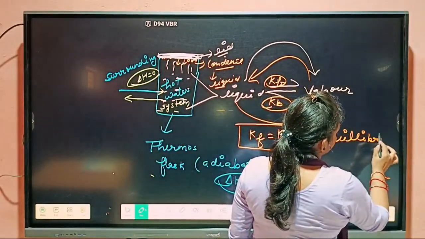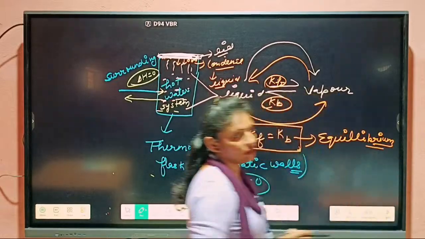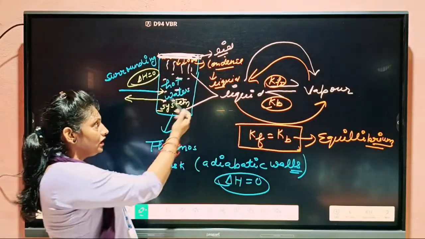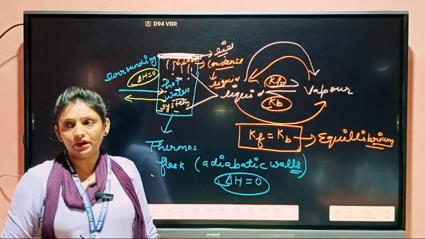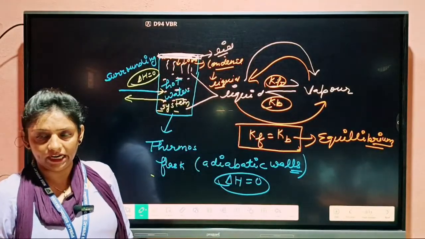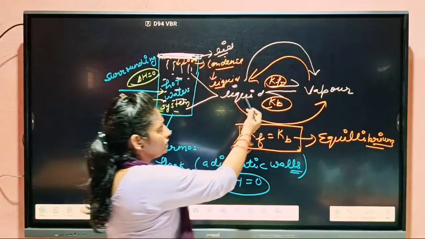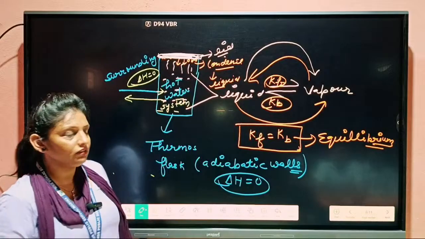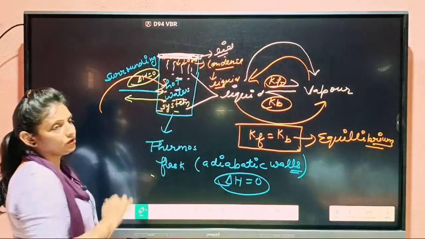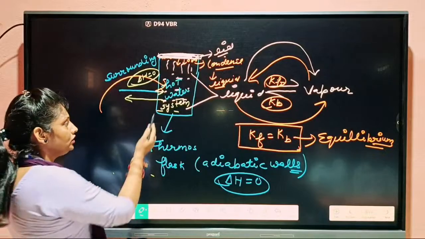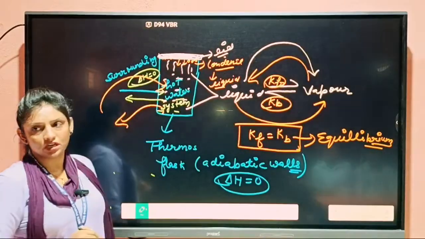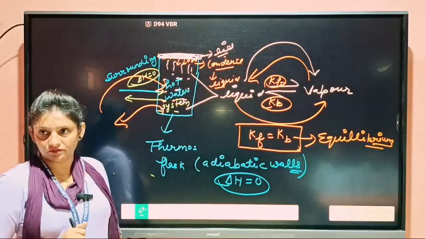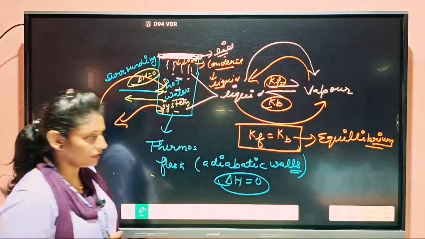Clear or not? So students, what does it mean? If any matter exists in two phases, and in both phases it is in equilibrium, when may it be? When we are giving heat neither from surroundings to system nor from system to surroundings, then it may happen. Clear or not? Means they are in equilibrium. Clear to you or not? Yes.